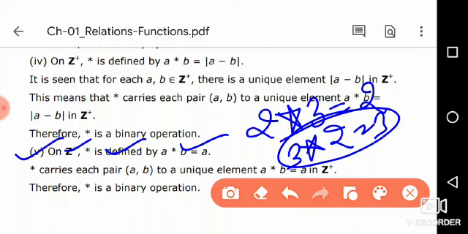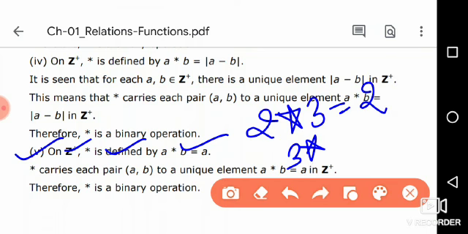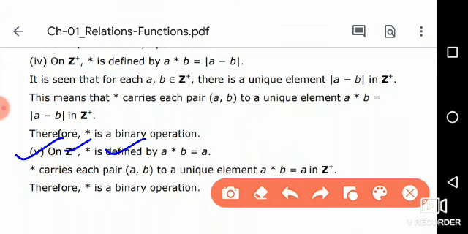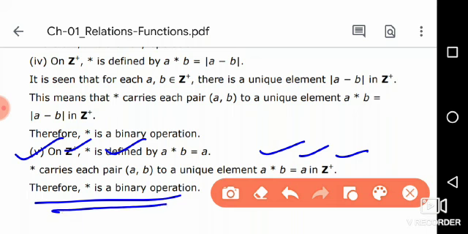Any element operated with another element gives the first element, and that is the binary operation in the case of the last example. For all a comma b belonging to Z plus, we have a star b is equal to a, which is there in Z plus. Therefore, in this case also star is a binary operation on the given set.